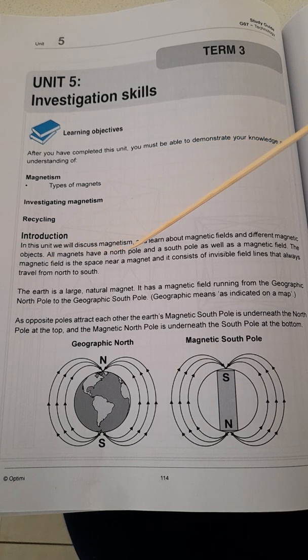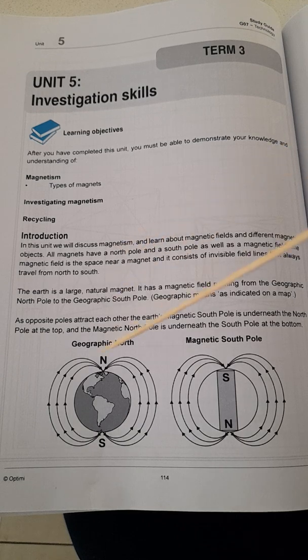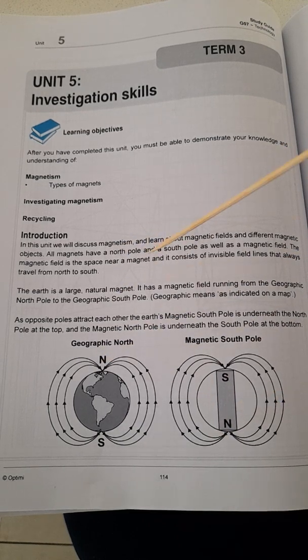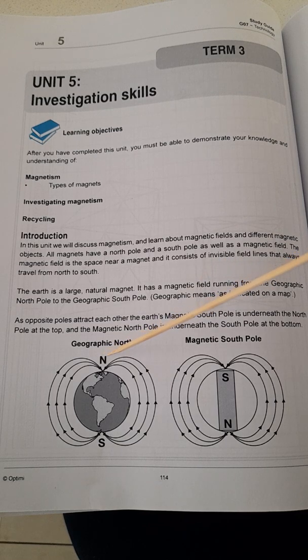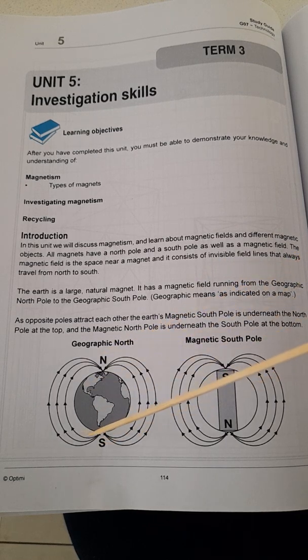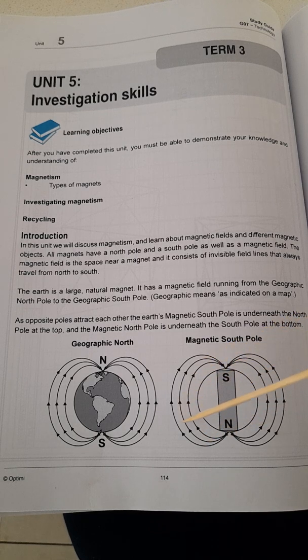All magnets have a north pole, and a south pole, as well as a magnetic field. So this is a north pole, this is a south pole, and these lines that you see here represent the magnetic field.